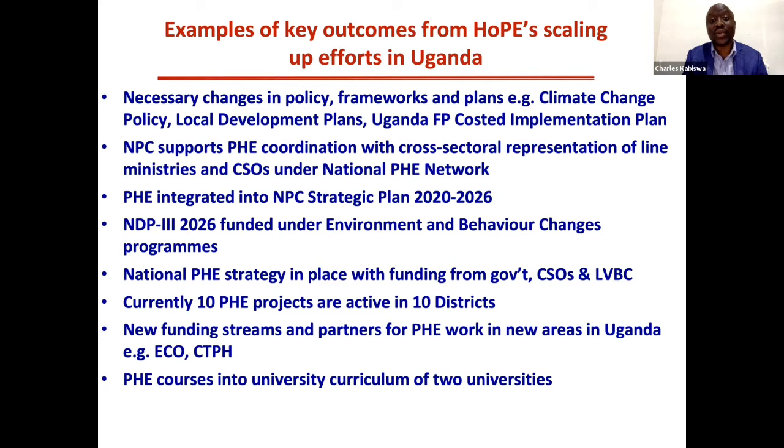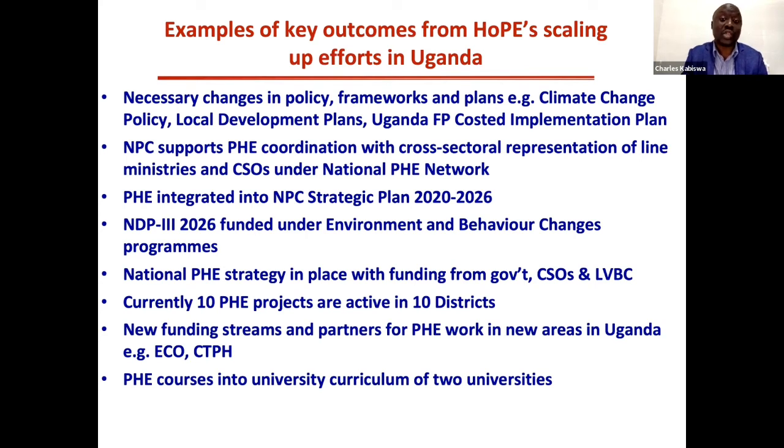And then the Uganda Family Planning Costed Implementation Plan adopted our household integrated model. Right now, the National Population Council supports population, health and environment coordination, and it brings together line ministries and CSOs under what we call the National PHE network. It is still very active now and very, very relevant in the region.